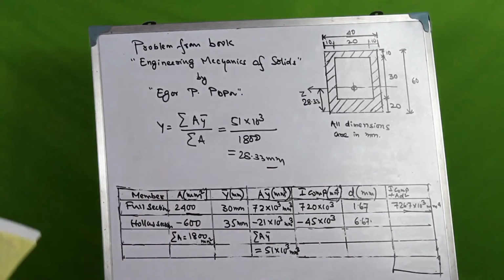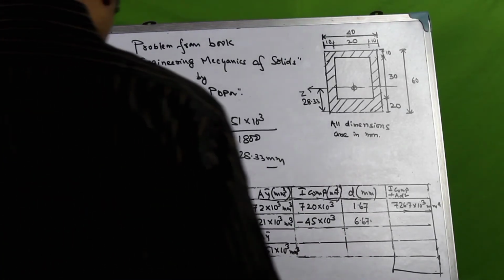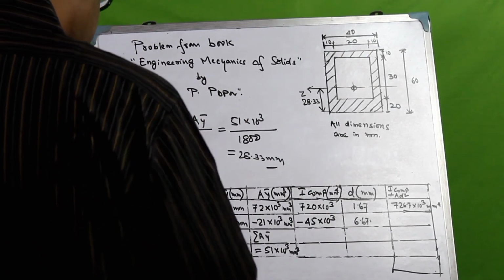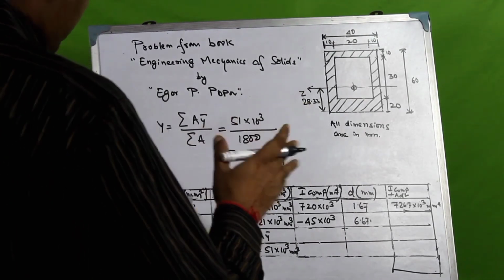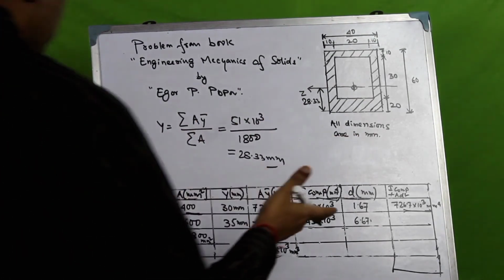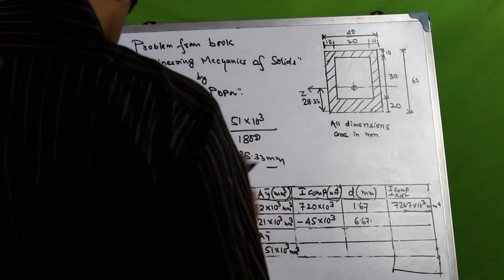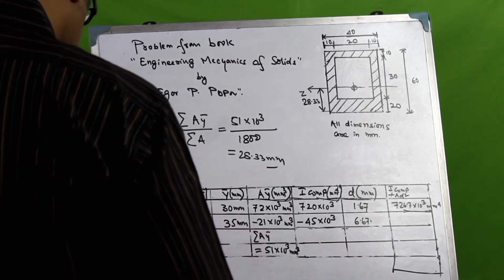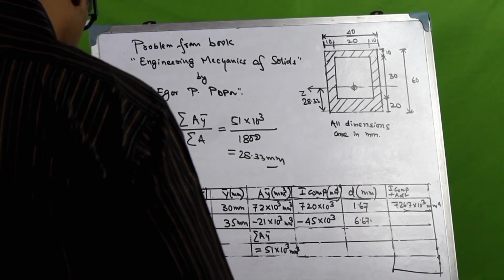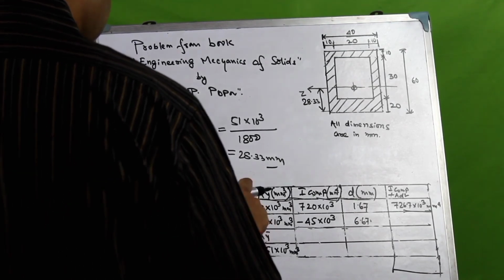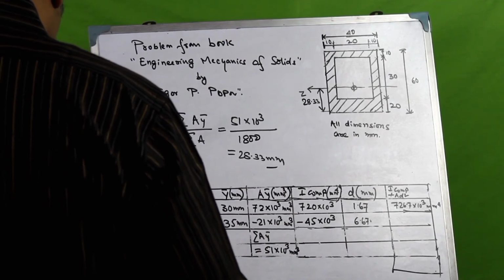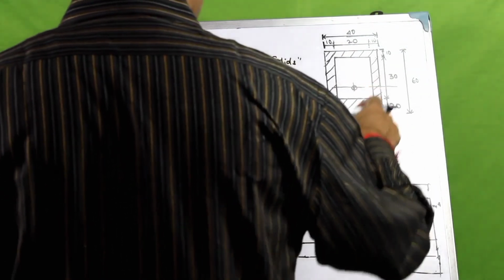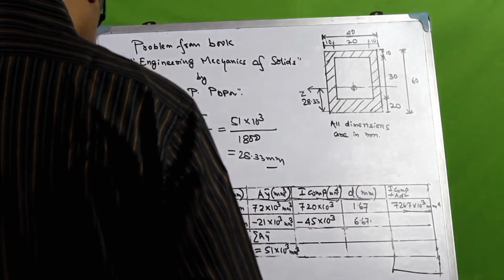Now for this, it would again be a negative value. So the individual contribution is 45, but it doesn't add, it actually takes away, right? So that's why minus 45 into 1000 plus the area, which is 600, into the value D, which is 6.67.